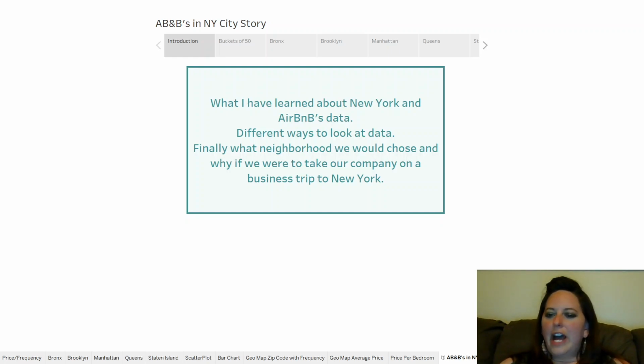There are 5 different neighborhoods that we will look at for New York City. Those neighborhoods include the Bronx, Brooklyn, Manhattan, Queens, and Staten Island. I think it'll be interesting to see the different location of the neighborhoods, how big the neighborhoods are, and how many people live and commute at the different neighborhoods.